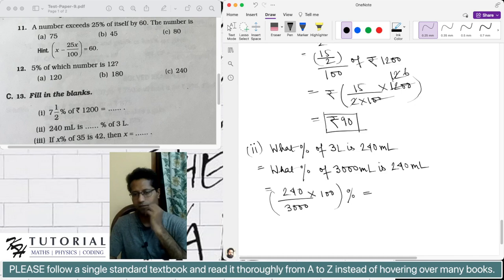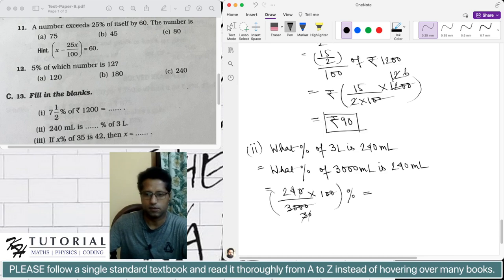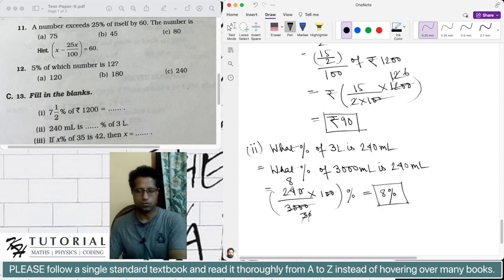Now if you simplify the expression, 100 cancels 3000 with 30, 0 cancels out, and 3 divides 24 with 8. So this is 8 percentage. So 240 ml is 8% of 3 liter.